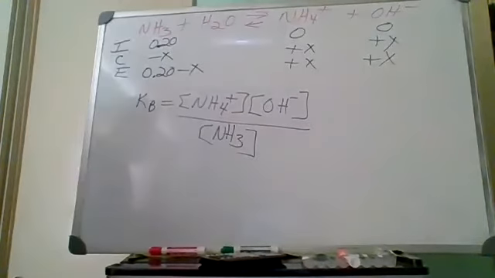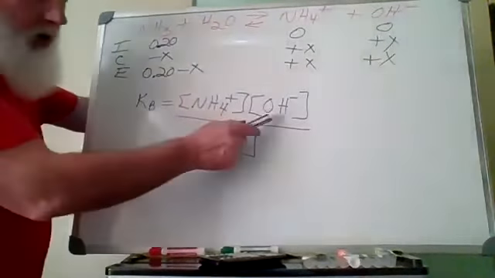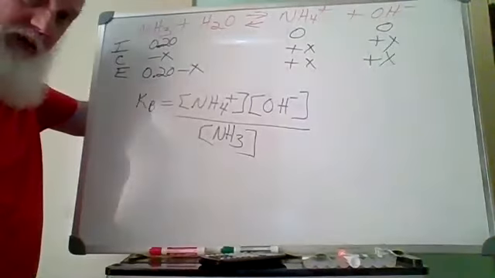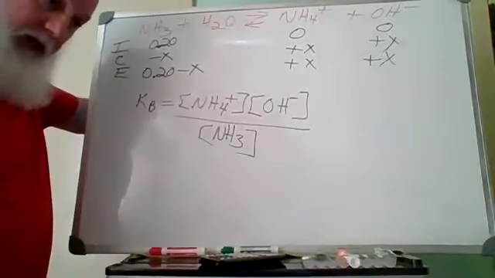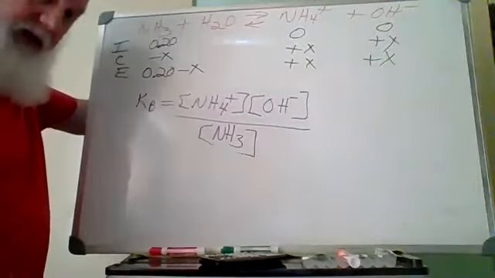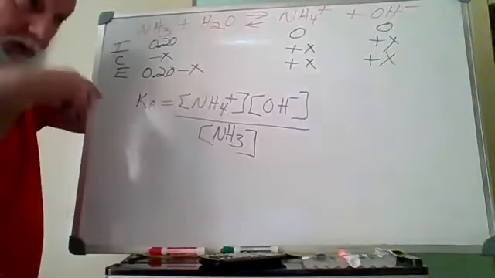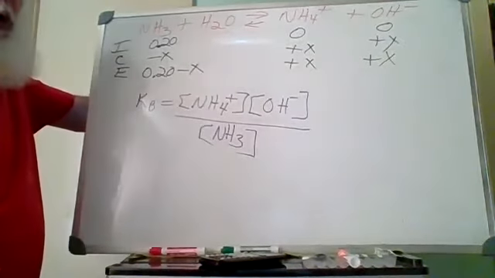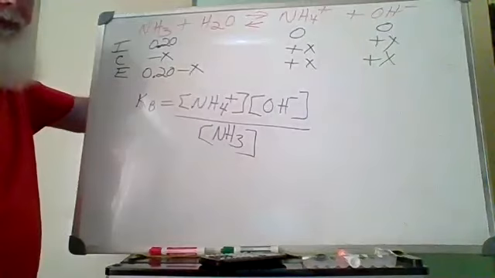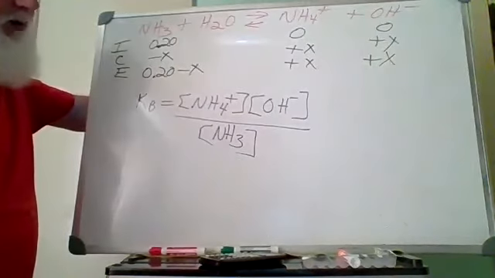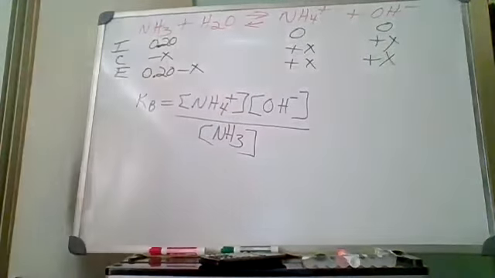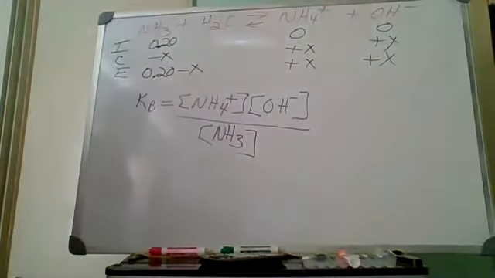The hydronium ion concentration. So we're going to solve for the hydroxide ion concentration. And once we have the hydroxide ion concentration, we can then calculate the hydronium ion concentration using either the pOH or the ionization constant of water, right?